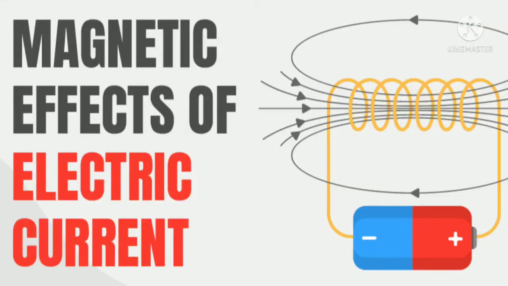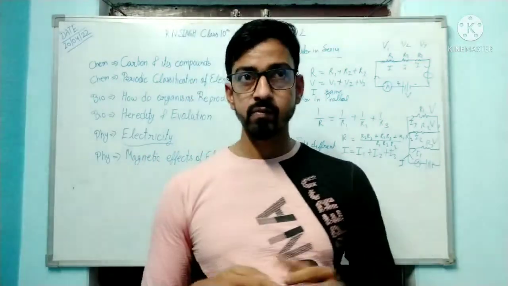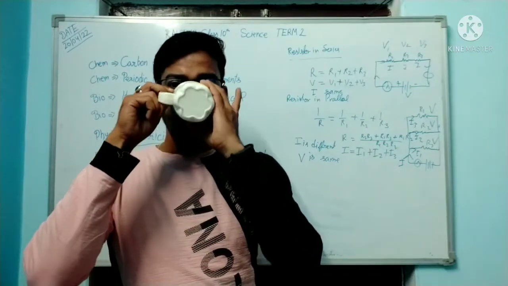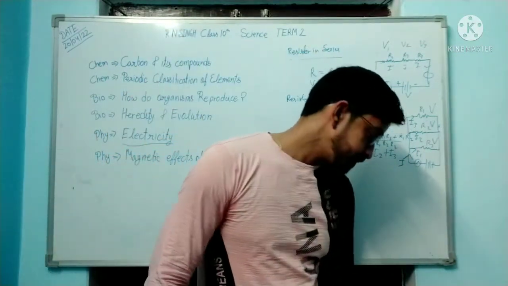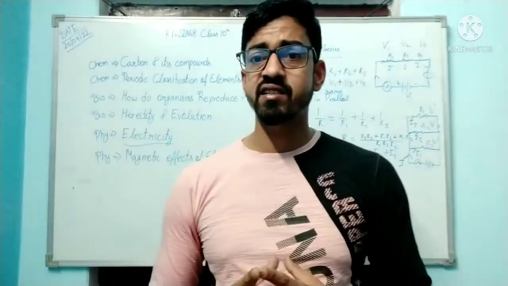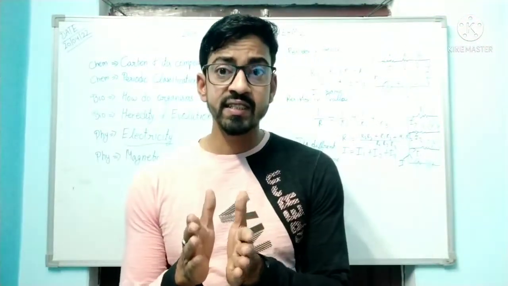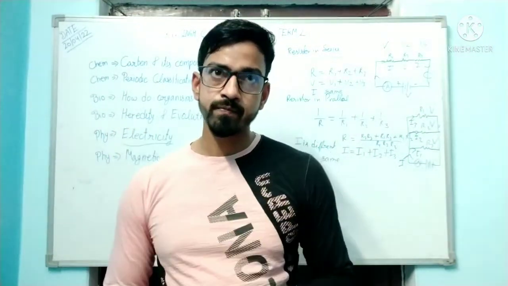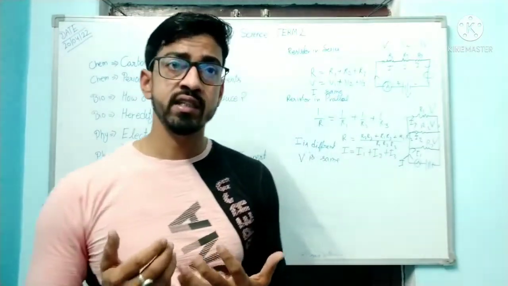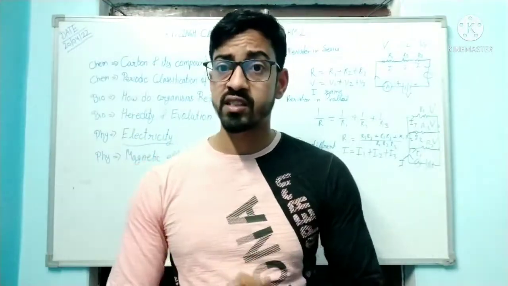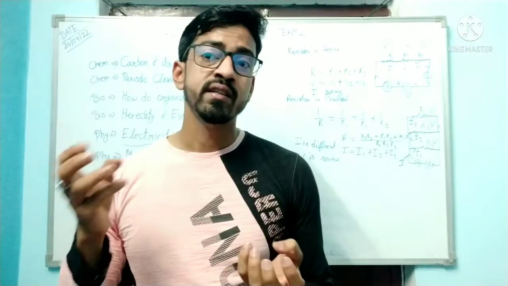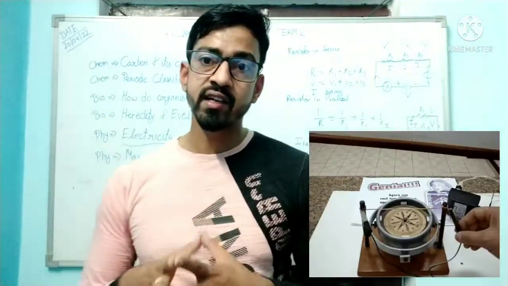Next, magnetic effects of electric current. What are the magnetic effects of electric current? In this chapter, scientists in the 19th century discovered that electricity and magnetism are unified. First, the scientist Oersted discovered, by taking a compass, that when it goes closer to a current carrying wire, it is deflected.